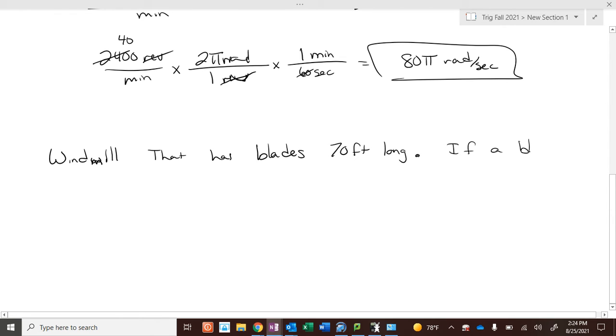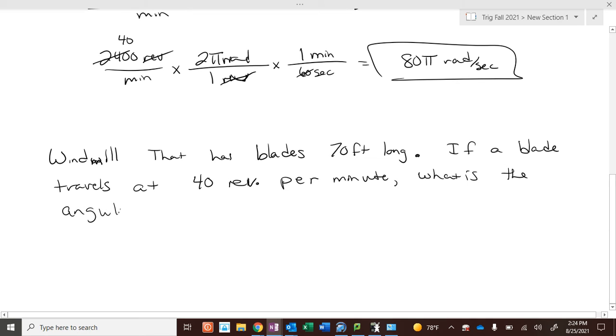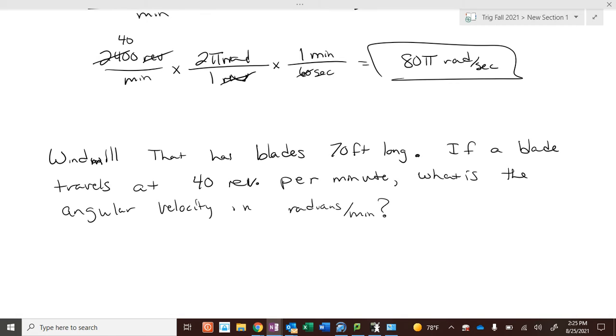If a blade travels at 40 revolutions per minute, what is the angular velocity in radians per minute? Okay, what is the angular velocity in radians per minute?